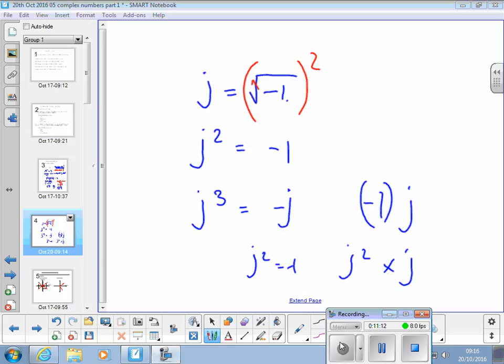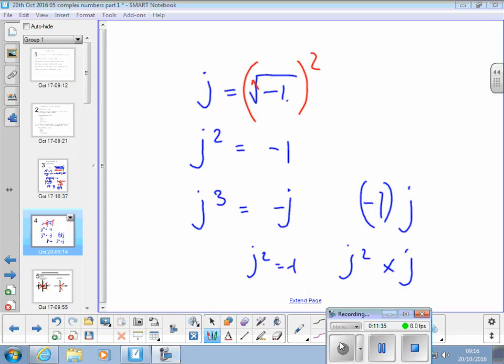And you can carry on to j to the power 4 and so on, but we don't need to. We only need j squared and j to the power 3 to fully describe any of our angles around the 360 degrees or 2 pi circle, which we're now going to look at.